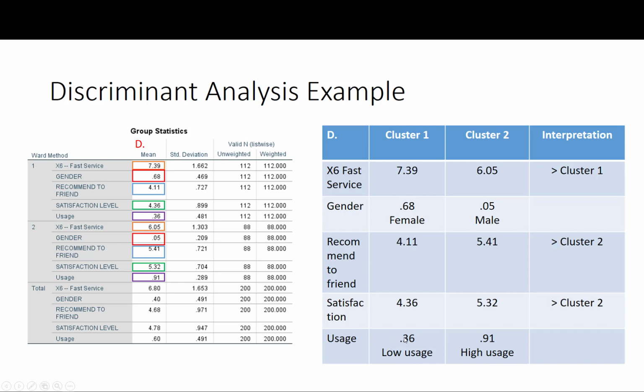So Cluster 1 is likely to be low users of Deli Depot, whereas Cluster 2 is likely to be high users of Deli Depot.